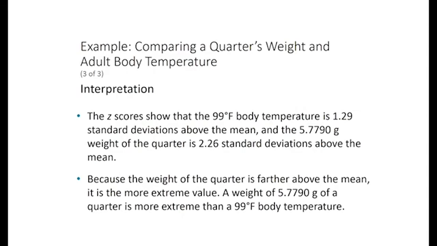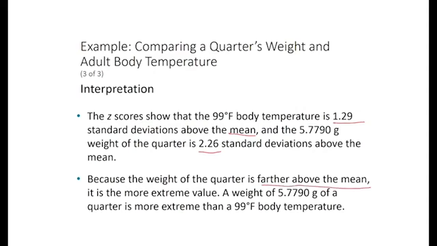The z-scores show that the 99 Fahrenheit body temperature is 1.29 standard deviations above the mean, and the 5.7790 gram weight of the quarter is 2.26 standard deviations above the mean. Because the weight of the quarter is farther above the mean, it is the more extreme value.